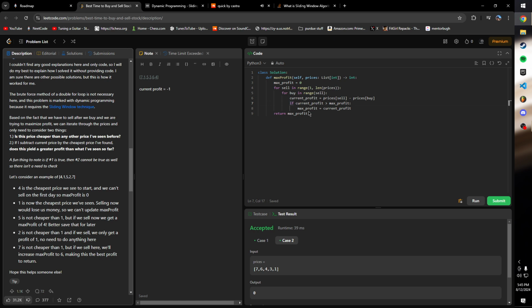So we keep a max profit. And then we keep cheapest equals prices of 0.